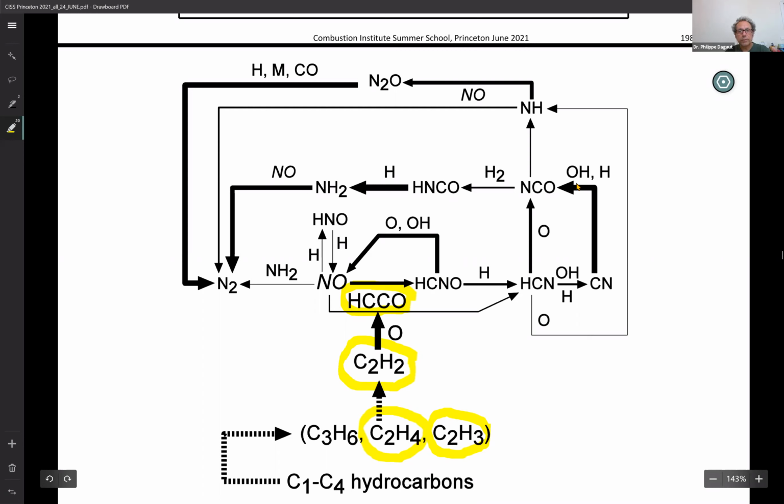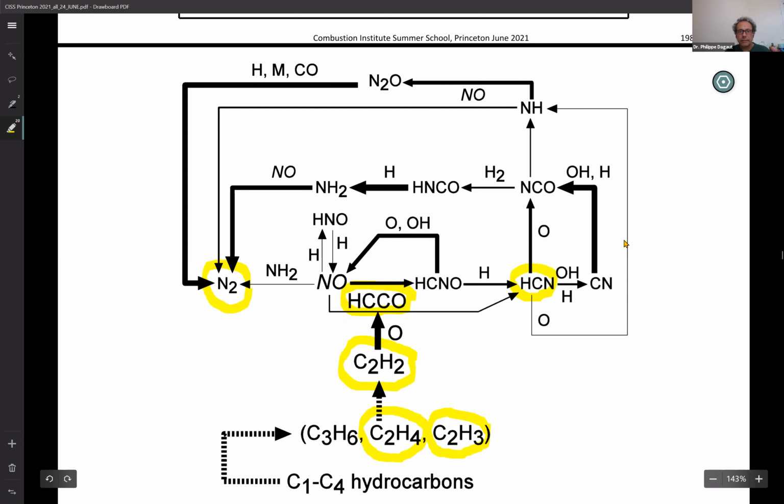And this is what is described here by the formation of CN, NCO that can react with H2 to form HNCO, then produce NH2, which reacts with NO to produce molecular nitrogen. And NH can react, well, it's the same reaction, it's the duplication, but then here it starts from it.